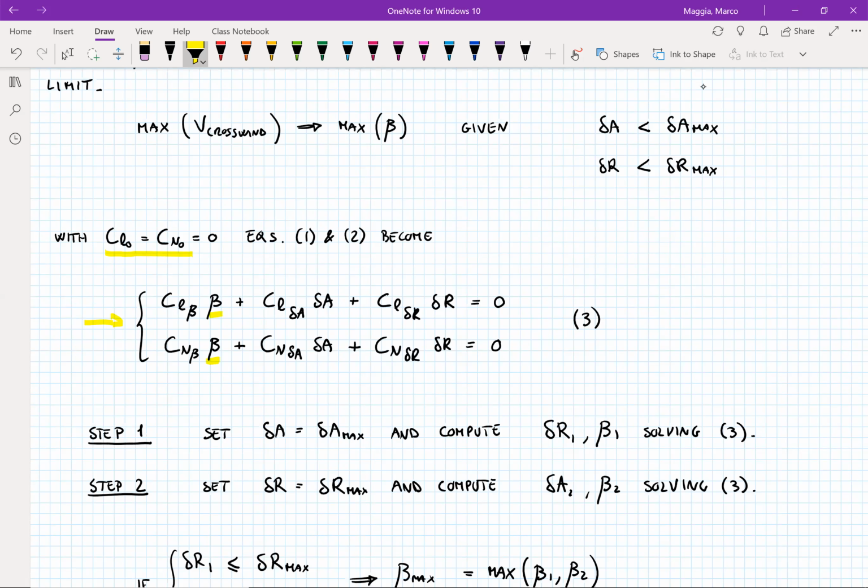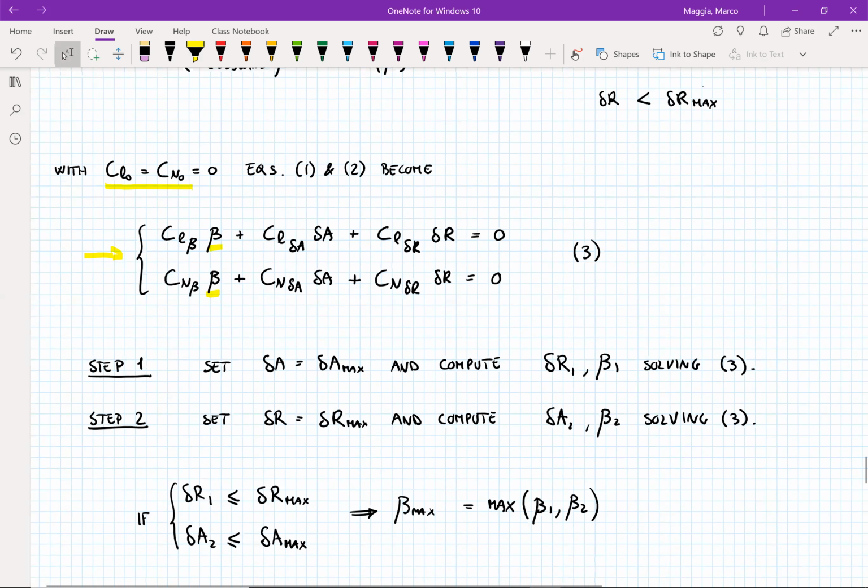In other words, what's the maximum side slip angle that the aircraft can travel at, given the control input limits. So step number one is just to set the maximum aileron deflection. You put delta A equals delta A max, and then solve the two equations.